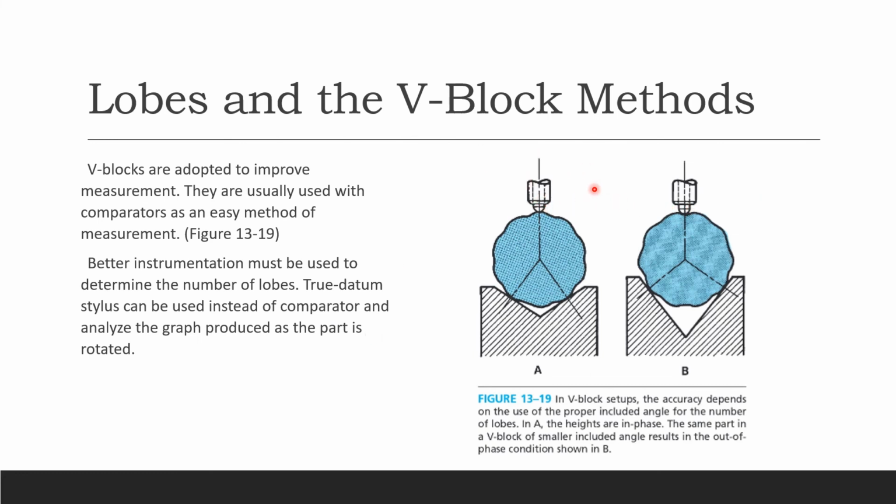We have true datum instruments with your stylus. It can be used instead of a comparator and analyze the graph produced as the part is rotated. You rotate this one, and the stylus travels on that surface, and we use this little V block down there to support the part that we're trying to measure.